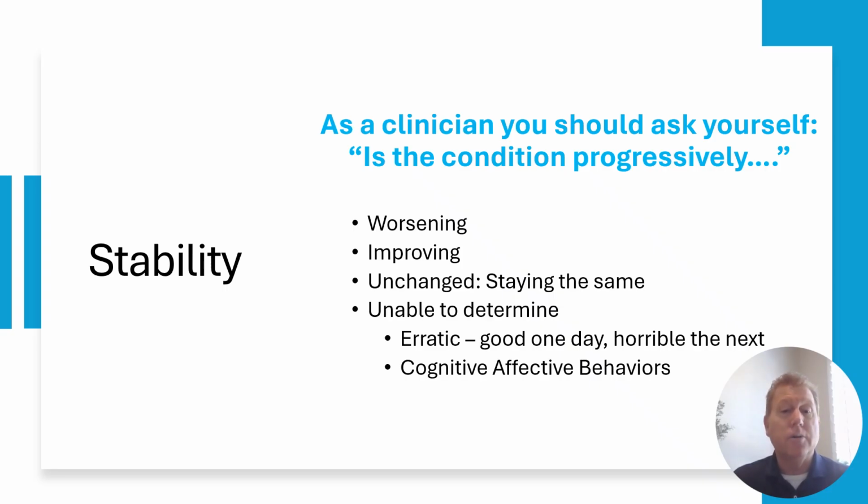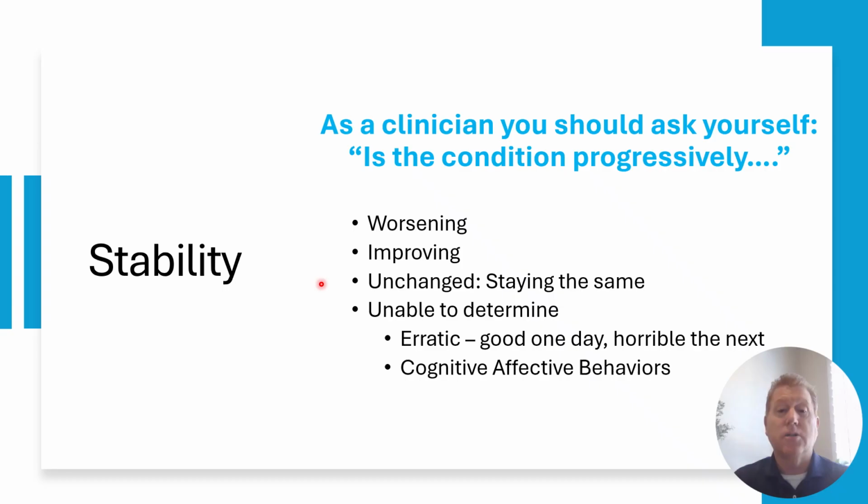And then ultimately what you're looking for is, as the clinician, you're constantly asking yourself, is this condition progressing? Or is it worsening? Or they may go through periods of time where they're relatively stable, they're unchanged for a period of 2 to 3 weeks, but they're not regressing.